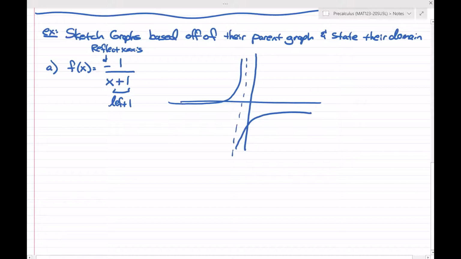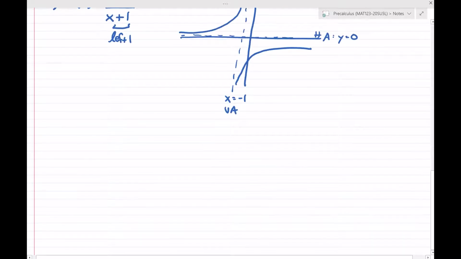So you can see our new vertical asymptote would be x is equal to negative 1. But our horizontal asymptote doesn't change. Our horizontal asymptote would still just be right here, and that's y equals 0. We'll do one more, and then I'll show you how to do this step by step.